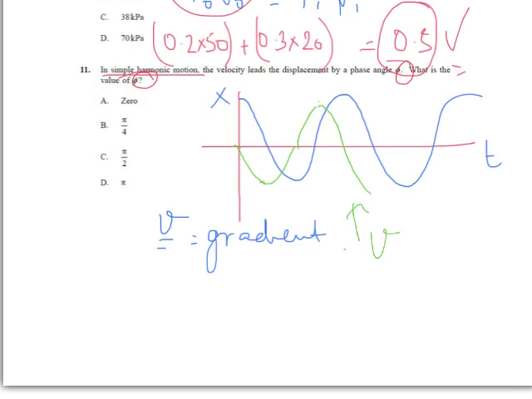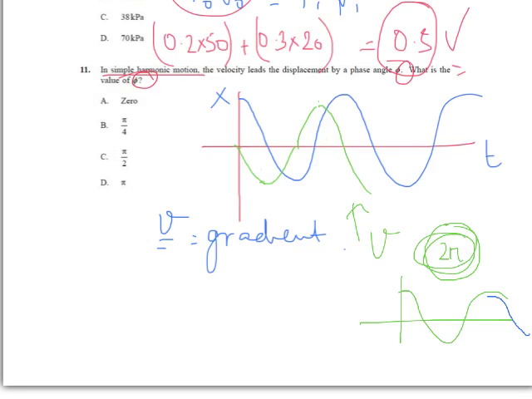Well, if you remember, an entire circle is equivalent to 2 pi phase difference. And we would represent that on a graph as an entire cycle of difference. So if something was 2 pi out of phase, then it would look exactly the same as this, but it would start an entire cycle later. So let's have a look at this.